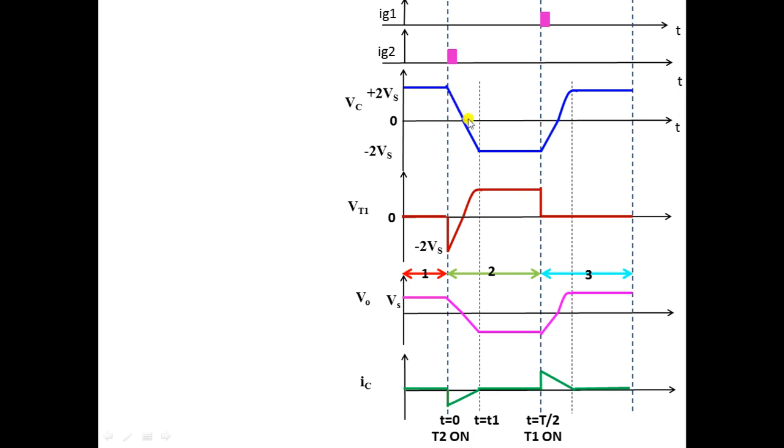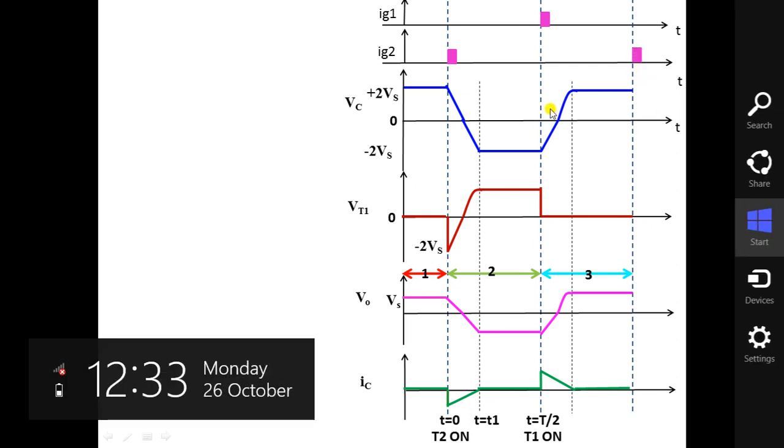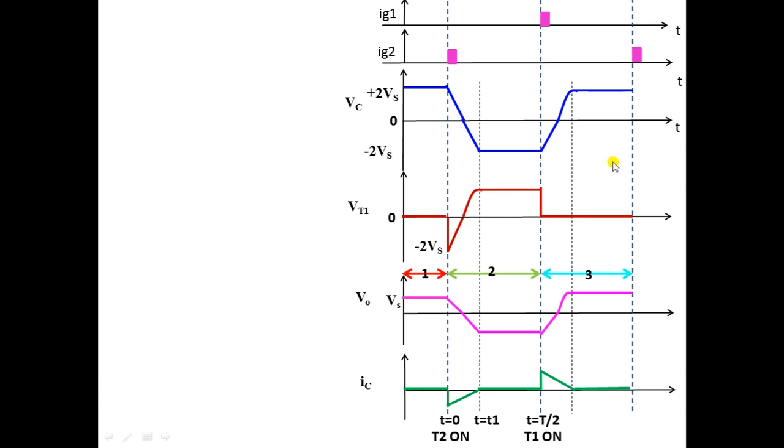Here it decreases, here it increases. Here the current is negative, whereas here the current is positive. Again, at this instant thyristor T2 will be turned on, and whatever had happened in mode 2, the same thing will repeat in this mode. So after mode 3, again you will have mode 2, and this will keep on repeating.